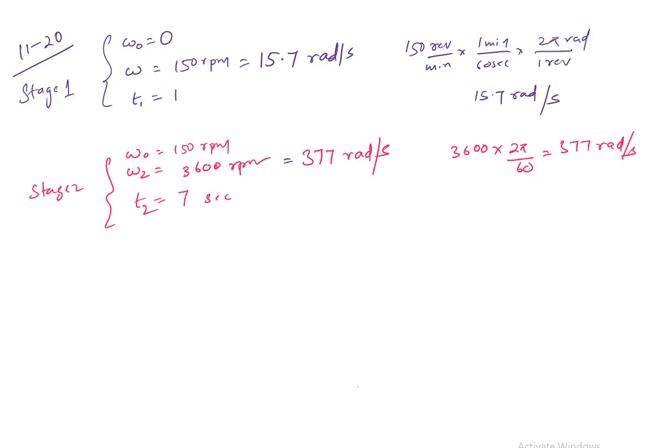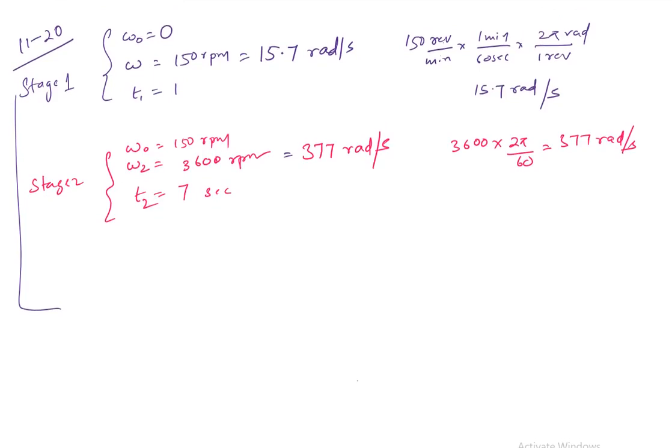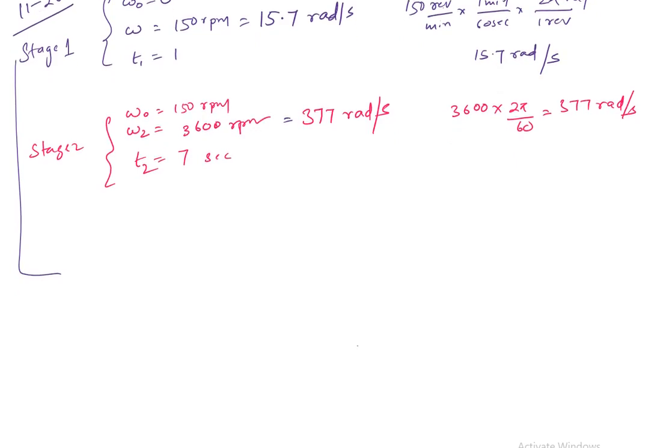Now going back to stage 1, let's evaluate everything we need. They want us to calculate angular acceleration and the revolutions, so alpha and theta. When we have initial velocity, final velocity, and time, we use the simple formula: v equals u plus at, or omega 1 equals omega naught plus alpha t.